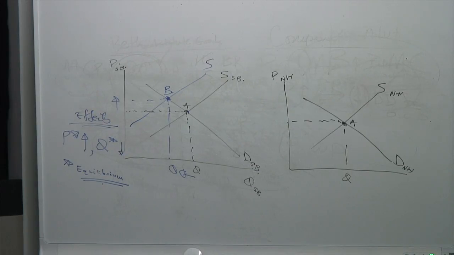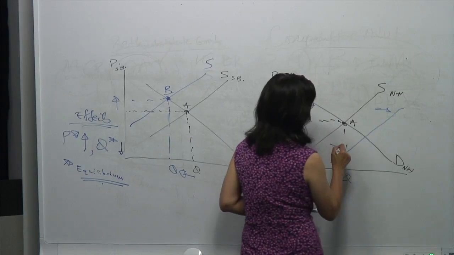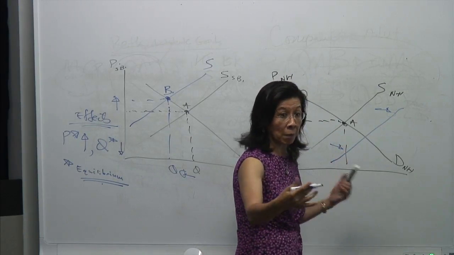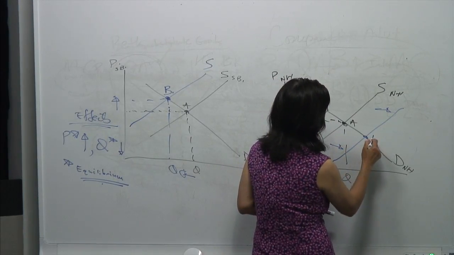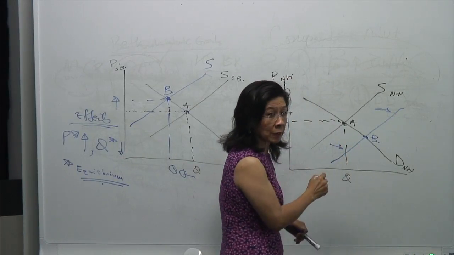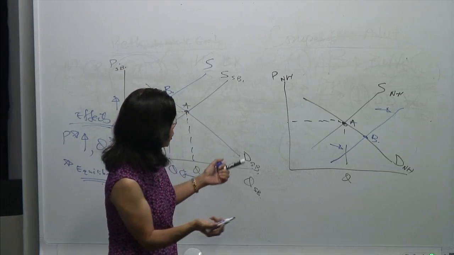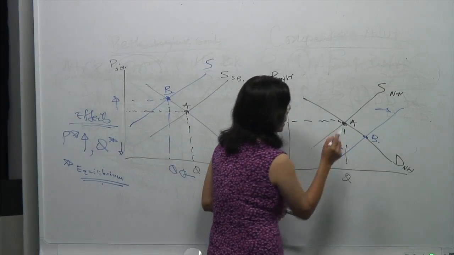I think that is correct, but let's just check. Yeah, very good. Move to the right. So this is the kind of analysis that you have to go through in your mind when you do your homework problem. So point B is now down here. And be sure you show the arrows, because a lot of times on students' answers, if you label it point A and B, it's quite clear.